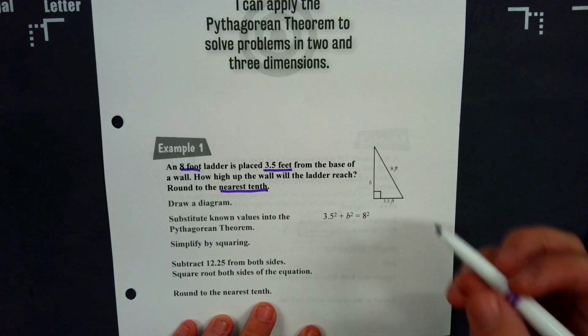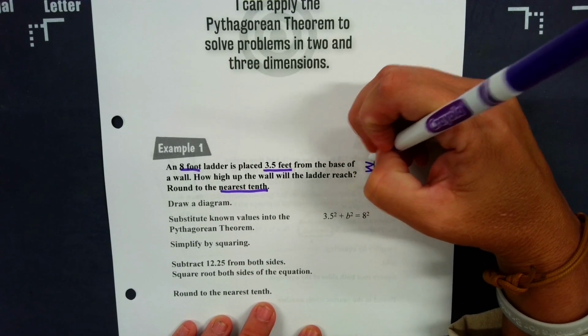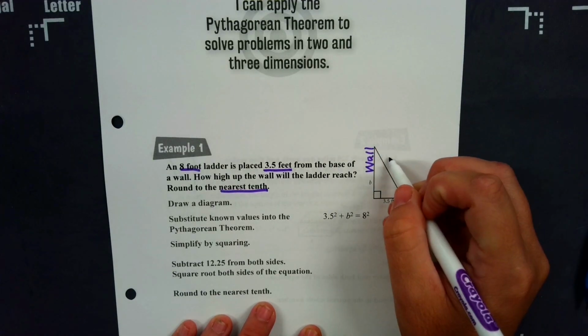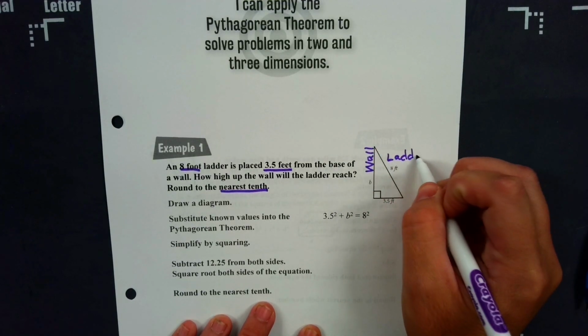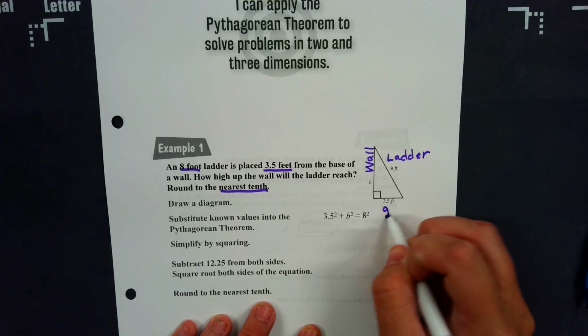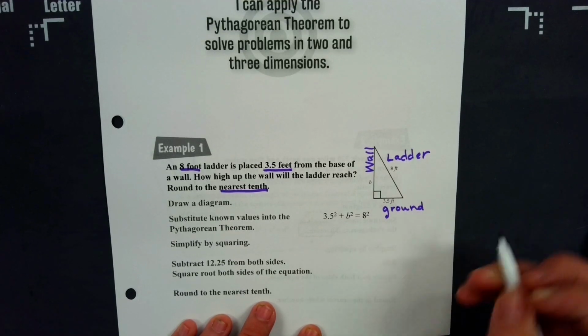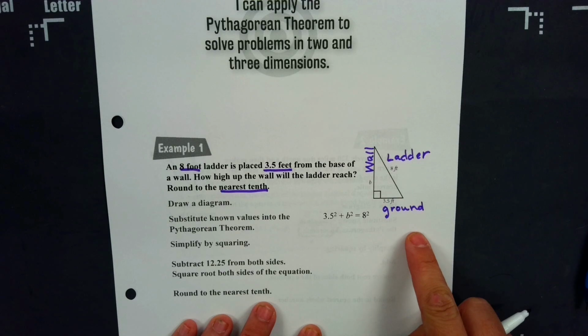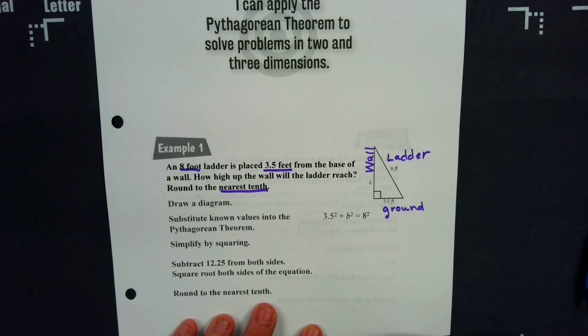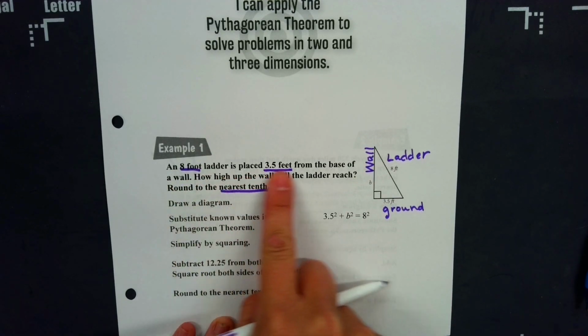Yes. Okay, so picture this is your wall. This is my ladder. And here's the ground. They gave you this nice picture this time. Do you think you'll always get a picture? You have to be able to read and interpret this.